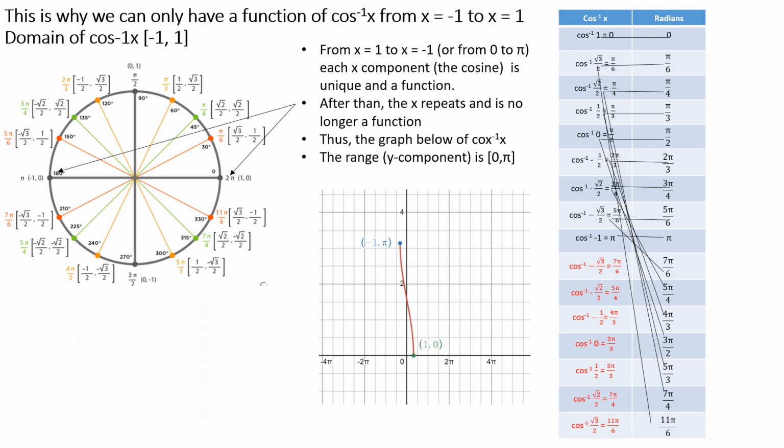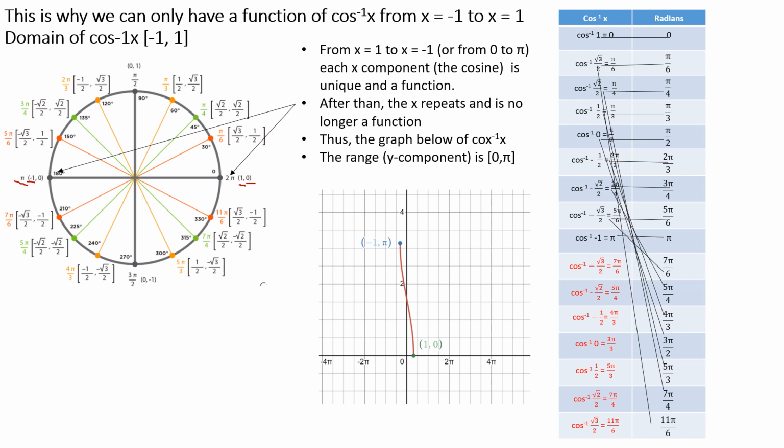Now, if I set a boundary here, and what I mean by a boundary, let's look at this. From negative 1 for the x-axis, that's my x right here, and then my y goes from 0 to pi.